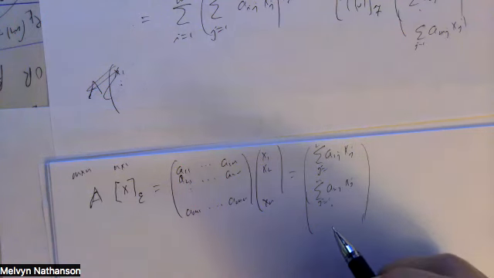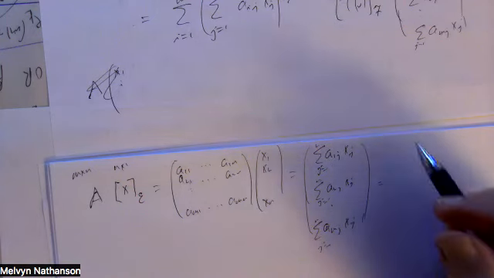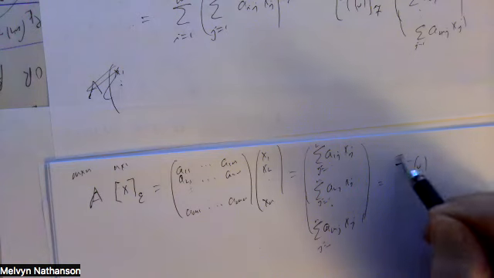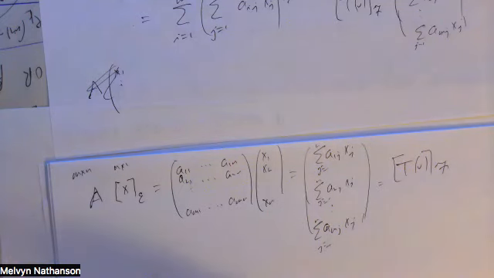All the way down to the mth coordinate, which is summation a sub mj x sub j, j goes from 1 up to n, which is exactly the coordinate vector for T of V with respect to F. So we come to this following very beautiful theorem.